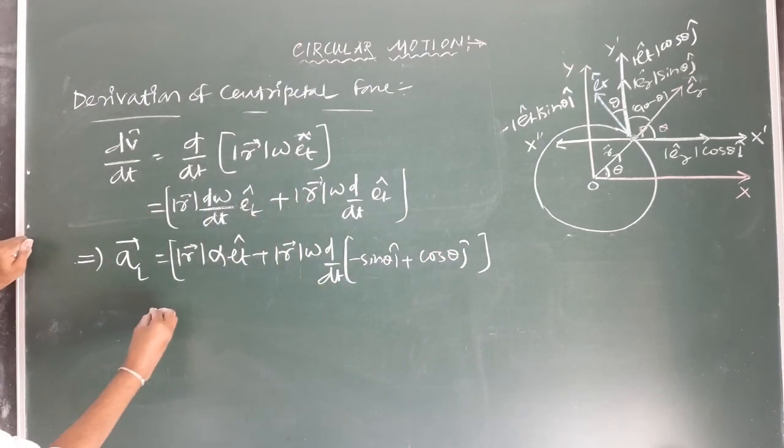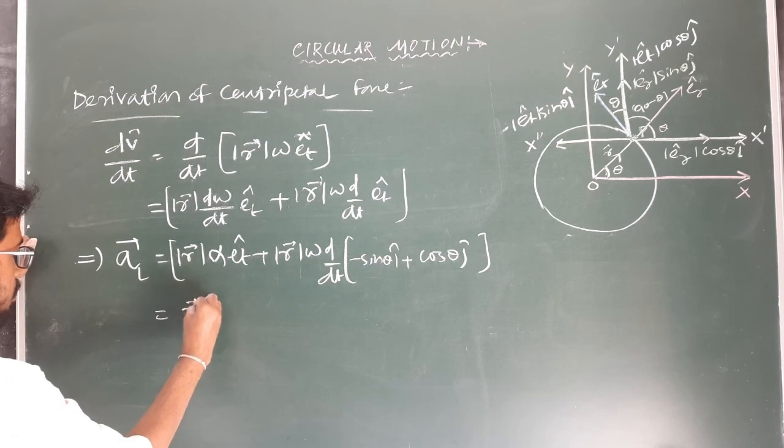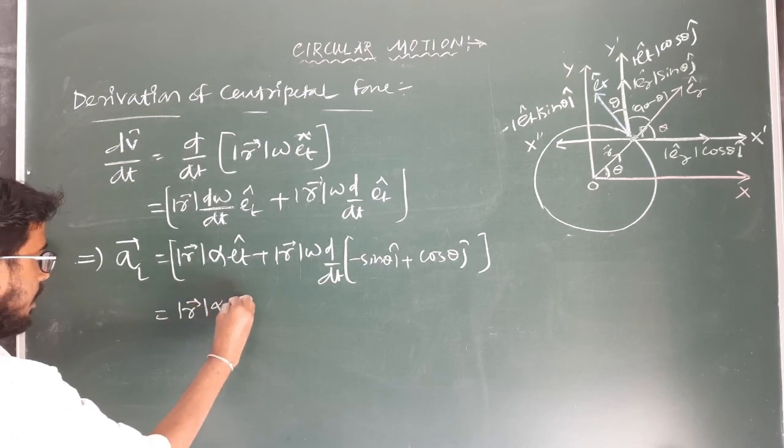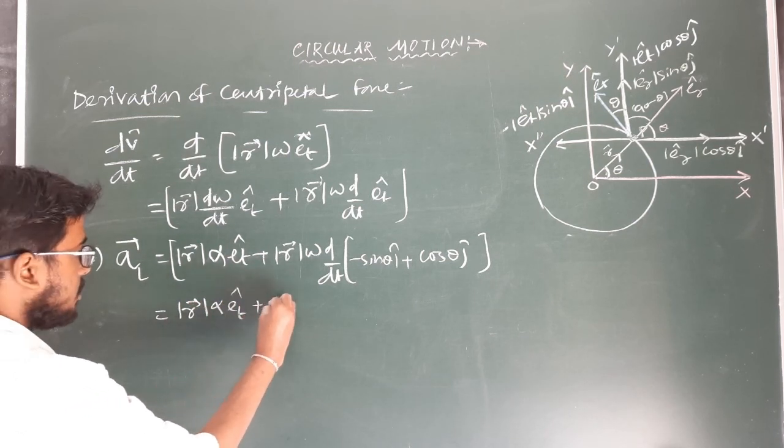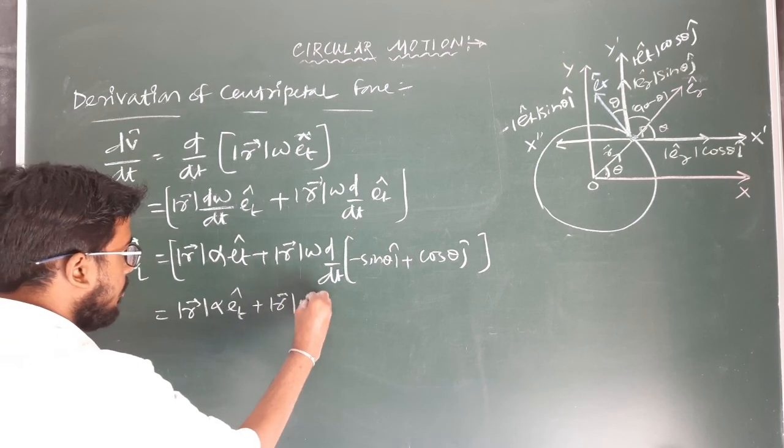Clear? So now this will be |r vector| alpha Et cap plus |r vector| omega.